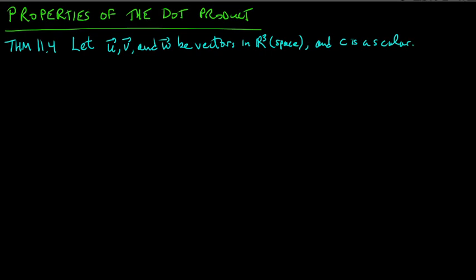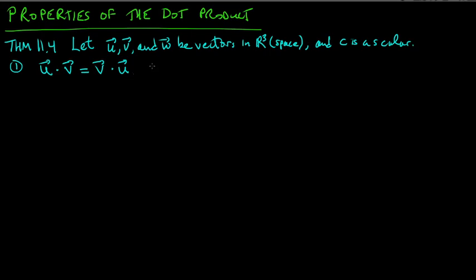But most of the time we're going to talk about vectors in space, right? And c is just a number. Okay. So first thing to note is that if I take the vector u dot v, it is the same as v dot u, that the scalar product, the dot product, is commutative. So you can change the order and you get the same thing.